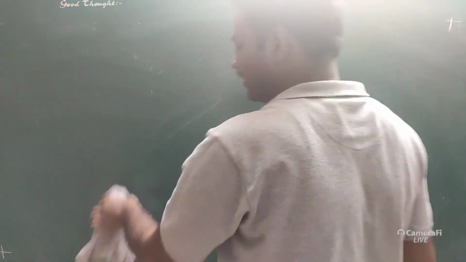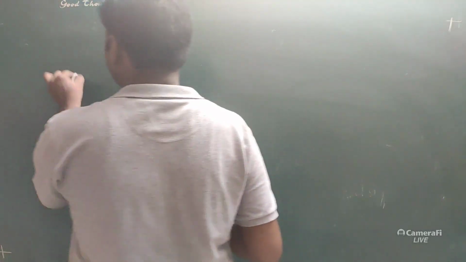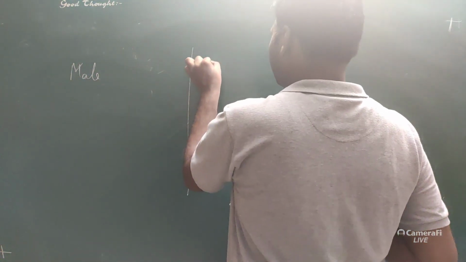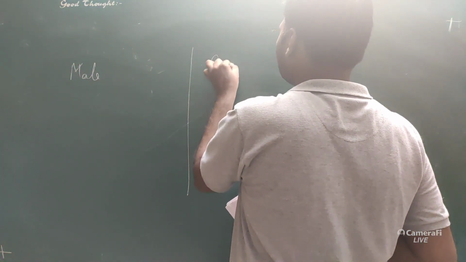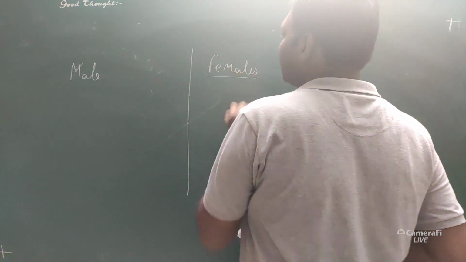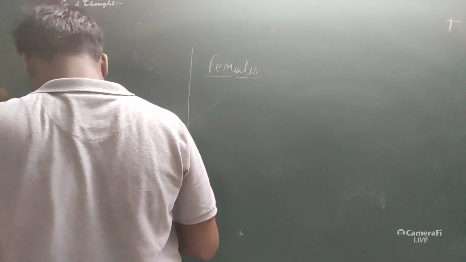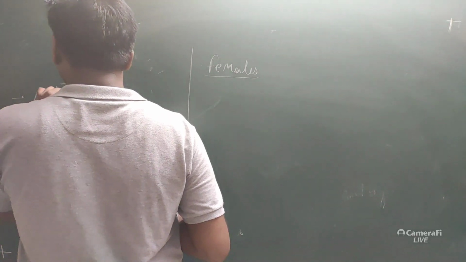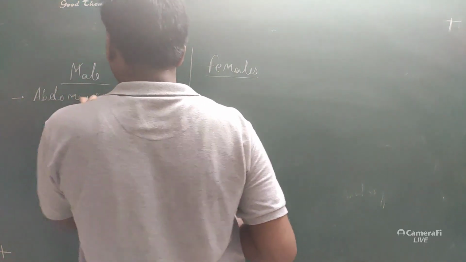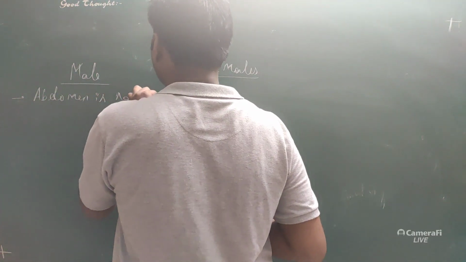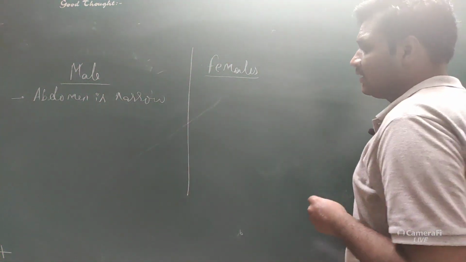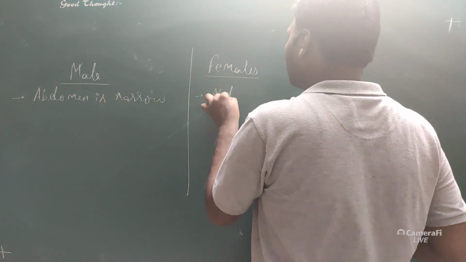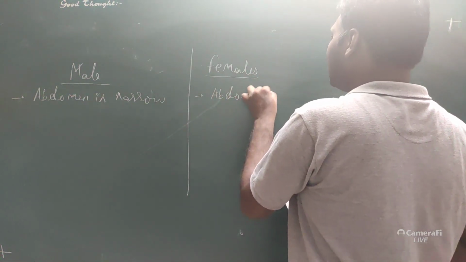So what are the basic differences that can be seen between male and female? Here males and here females. In males, the abdomen is narrow, and in females, the abdomen is broader.